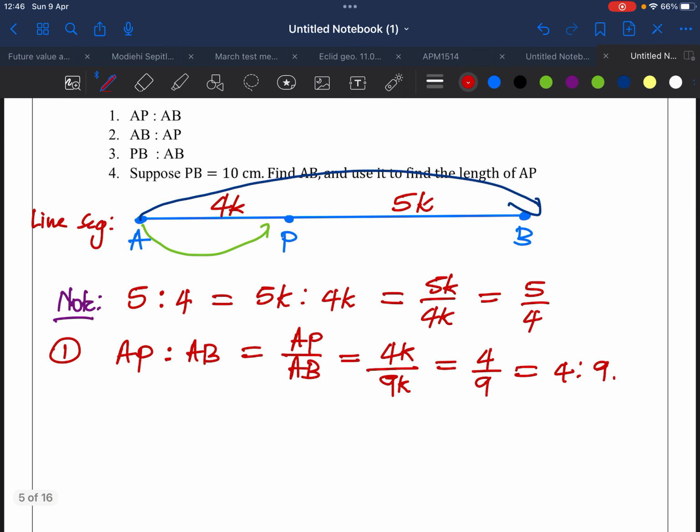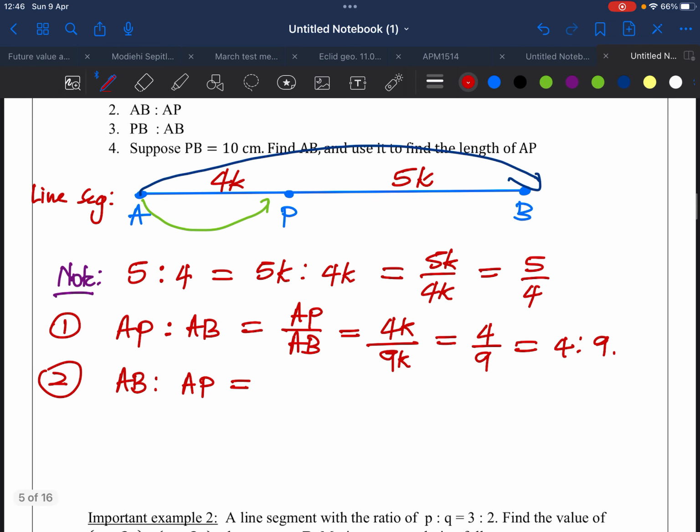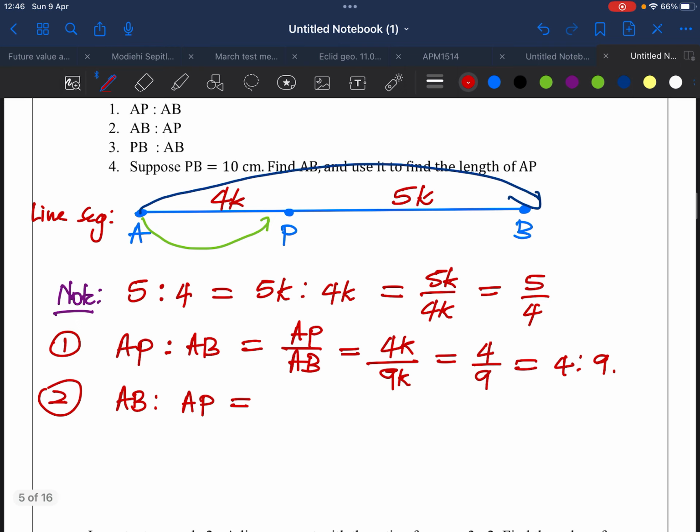So let us check number 2. You have AB is to AP. We can write this as AB over AP. What is AB? It's clear that it's 4K plus 5K, which is 9K.